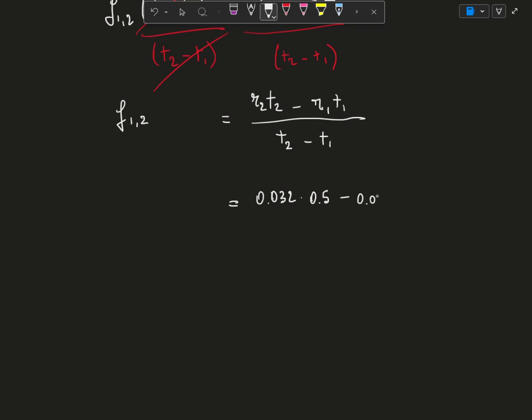So 3.2% times 0.5 minus 3% times 0.25, over T2 which is 0.5 minus 0.25. I'll let you crunch the numbers, but at least you got the intuition and understanding of how and why we compute the forward rate between one period and the other.